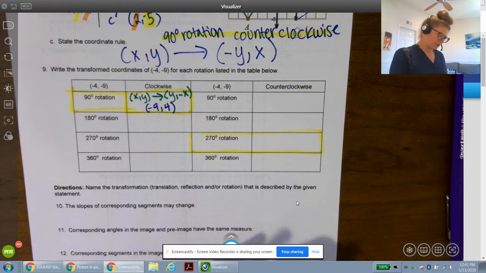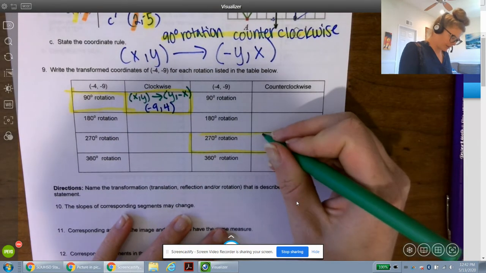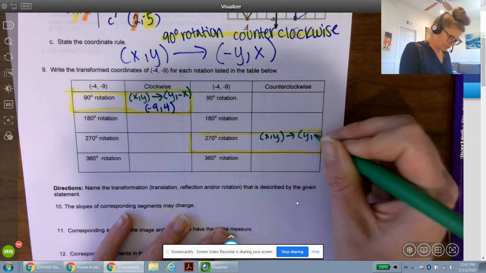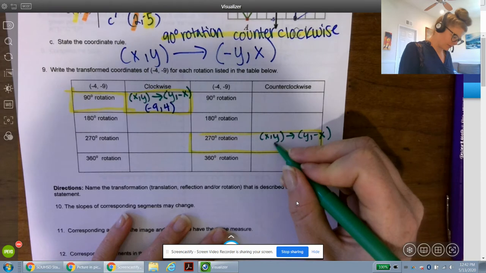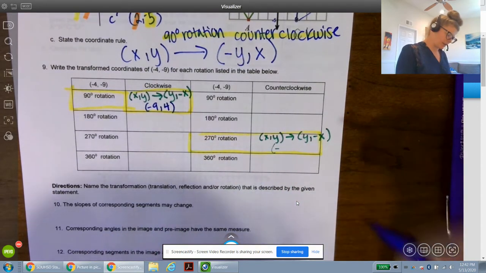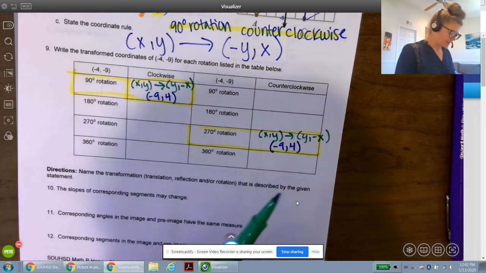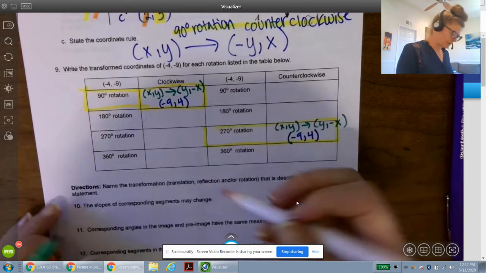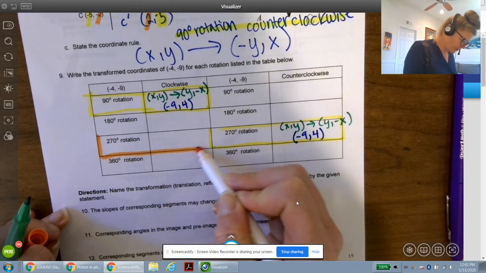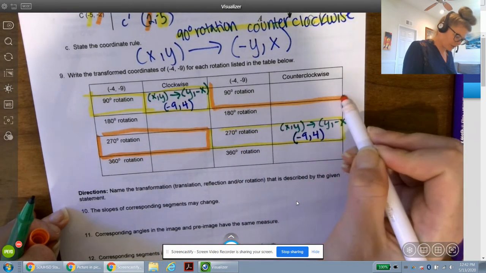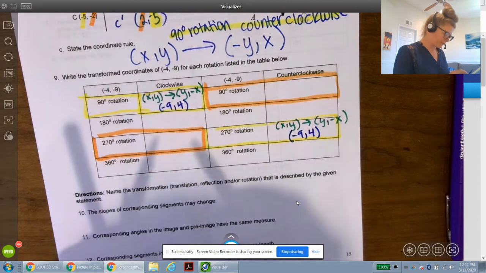Sorry, I misspoke. Okay, so I'm going to write that same rule here because they're the same. Might as well be efficient. So it's going to go to the same: -9, 4. Cool. Now, remember, a 270-degree rotation clockwise is the same as a 90-degree rotation counterclockwise.